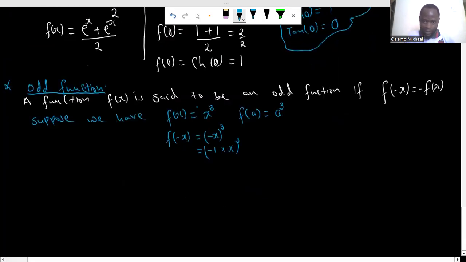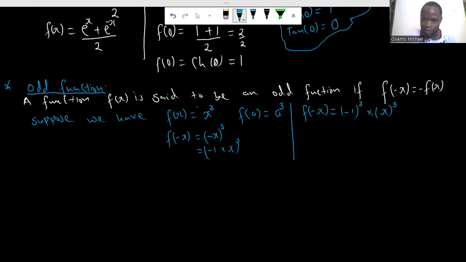If we go to indices, we shall say that now we have f at negative x being equal to negative 1 cubic times x cubic.